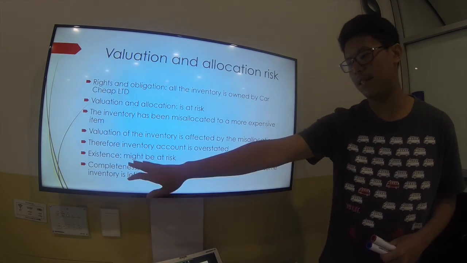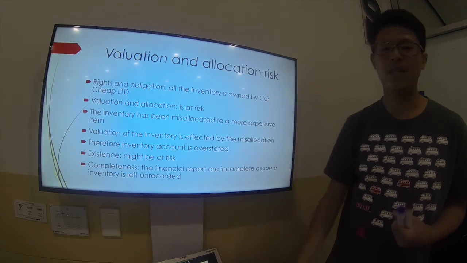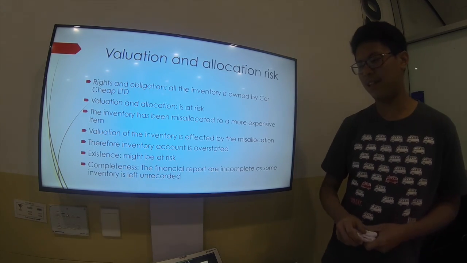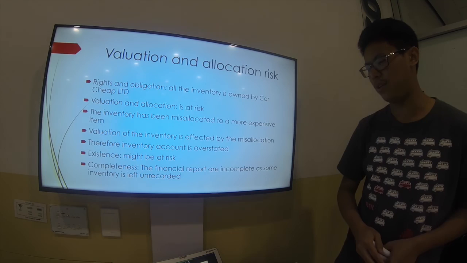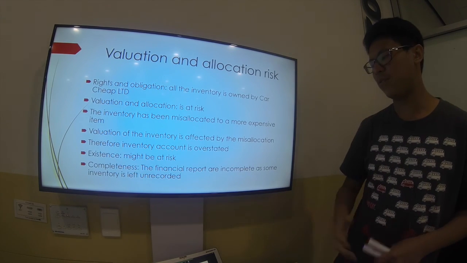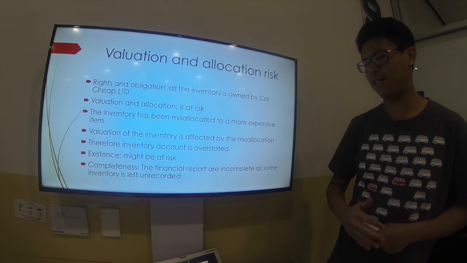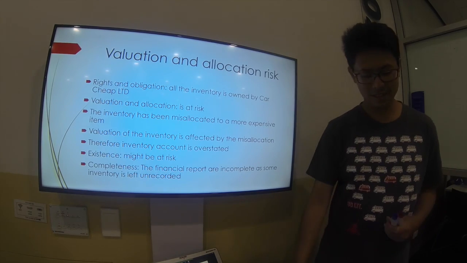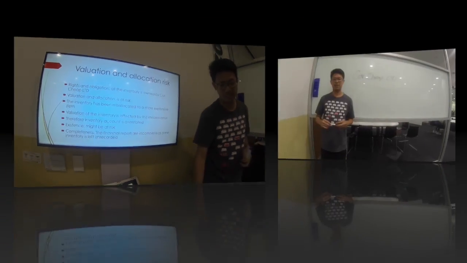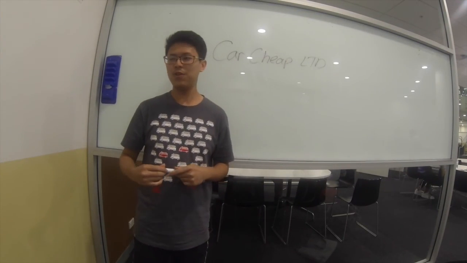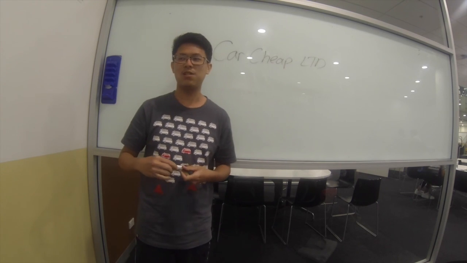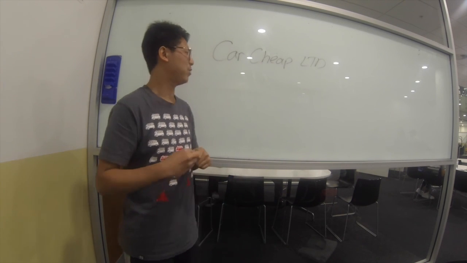Next, for existence. There might be a risk for existence and also completeness of the financial report, as some of the stock is left unrecorded. As we said before, the existence and completeness of the financial audit might be at risk.